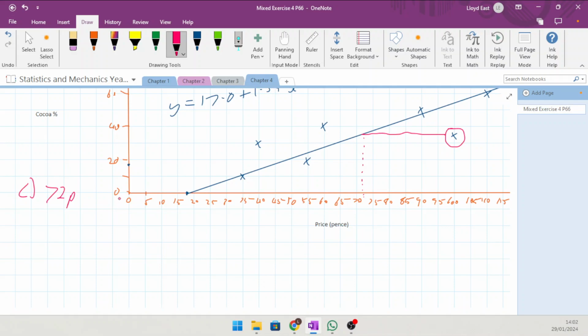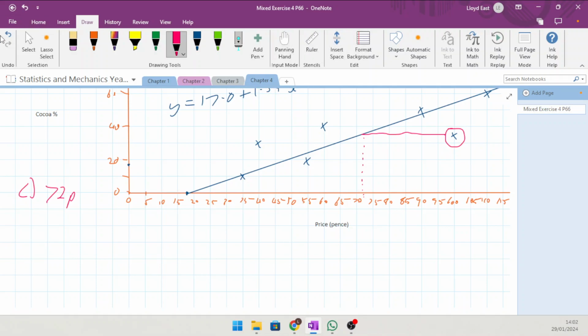Comment on how valid the student's method is for suggesting a fair price. It's valid given the information that we've got here, but then this person with their £1 chocolate bar might be using premium wrappers. They might be using a higher grade of milk. They might be using different flavors in their chocolate, which is why it is more expensive with the less cocoa.